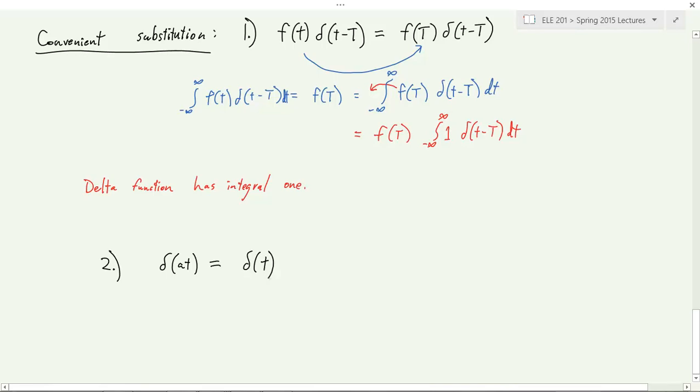So notice that if you timescaled any one of these approximating rects, you change the area. So we can say, yes, it's delta t, but divided by the absolute value of a. So it gets scaled vertically. That's a very weird thing, right? We do a time scale on a delta, and it doesn't change because location doesn't change. But it gets scaled vertically to keep the area the same.